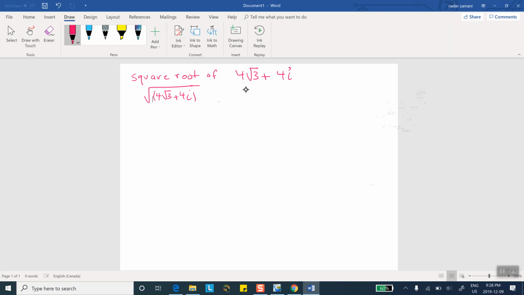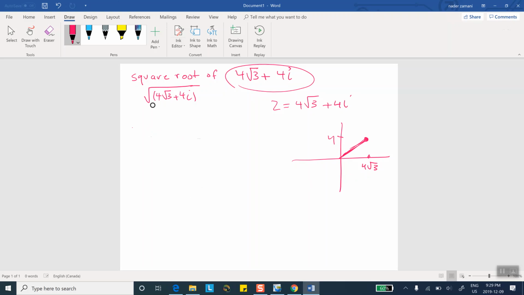Now, the first thing to do in problems like that is to write this in polar form. So I want to write this in polar form. Where am I in the complex plane? It's somewhere here, something like this. So this is 4 root 3, and this is 4. I will leave it to you to find this distance.